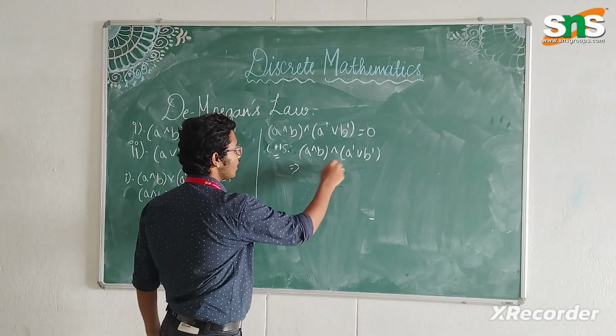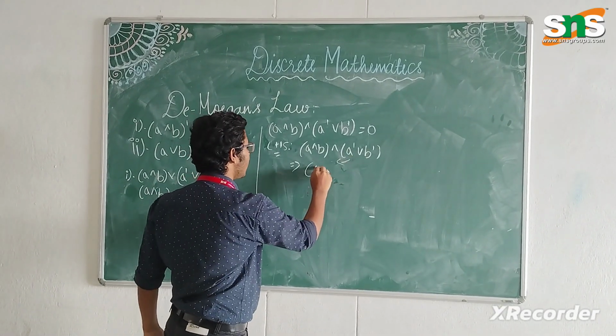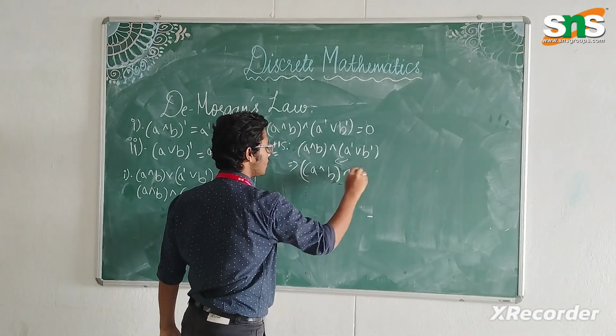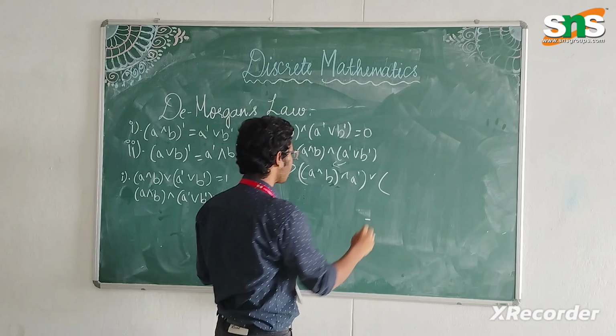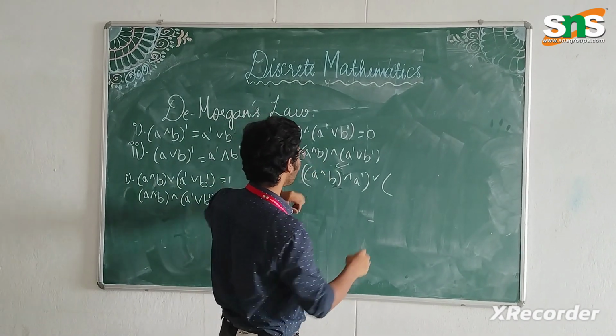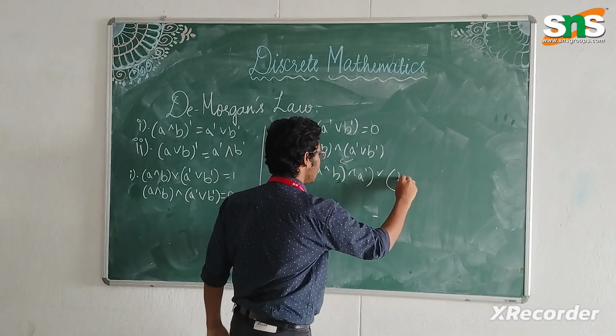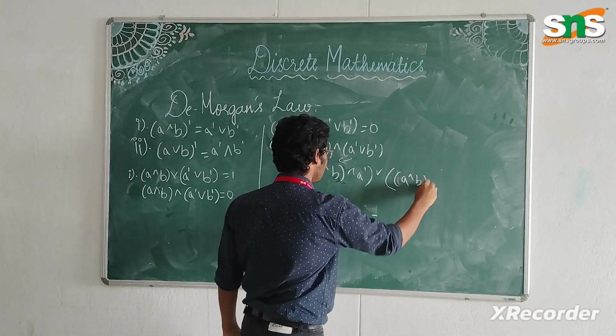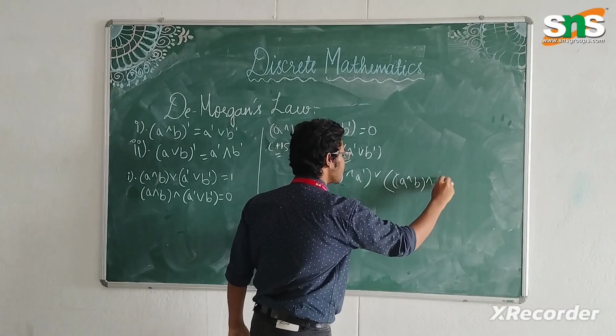So A and B and A bar or A and B or A bar or B and B bar.